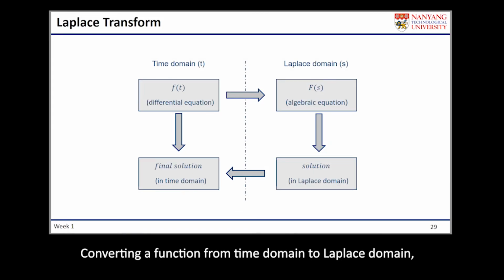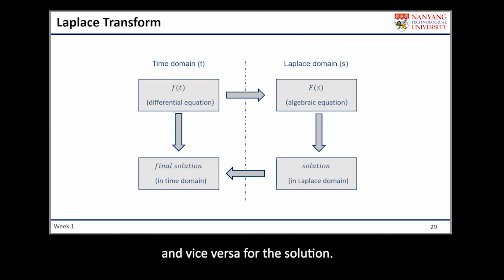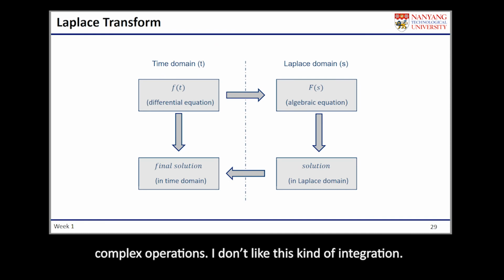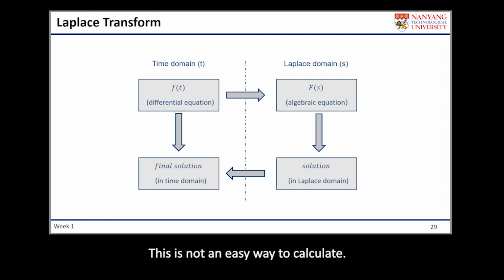Converting a function from time domain to Laplace domain and vice versa for the solution, it doesn't look simple. I have to evaluate this complex operation. I don't like this kind of integration. I have to integrate it for an infinite value, and in this case, I have to integrate it with a complex number. This is not an easy way to calculate.